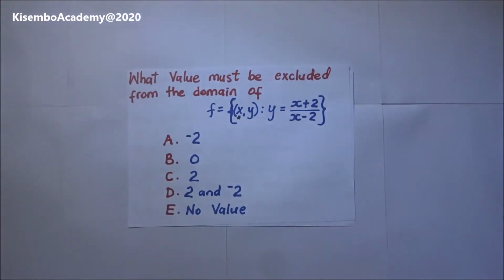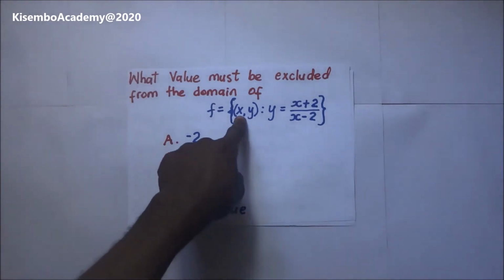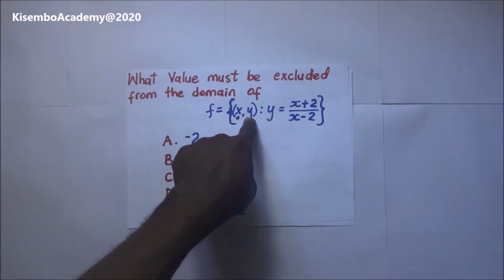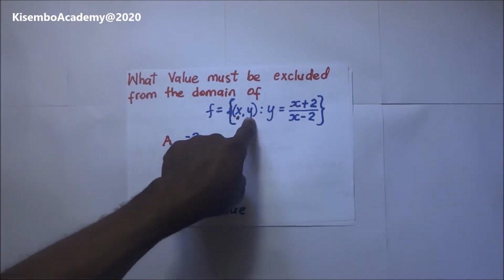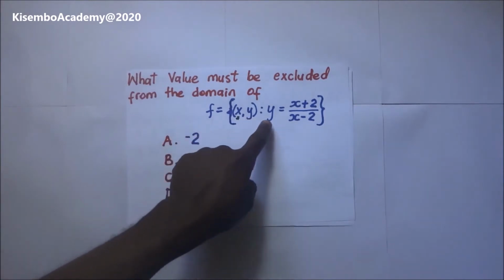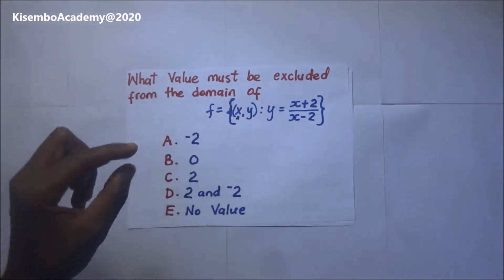And we said that unless the domain is explicitly stated, these values of x are assumed to be all real numbers that produce real numbers as outputs, or that give us a value of y that is a real number.